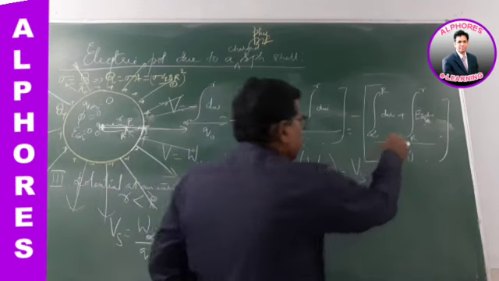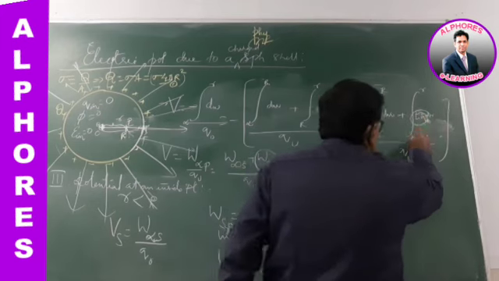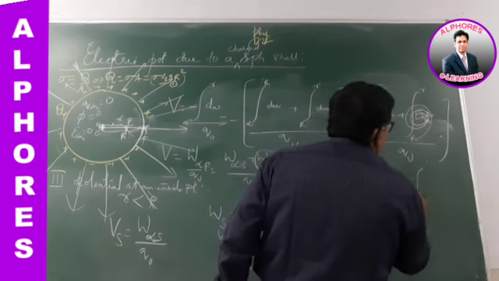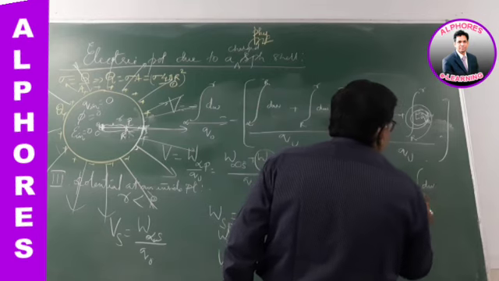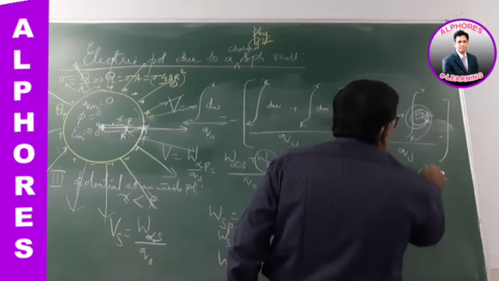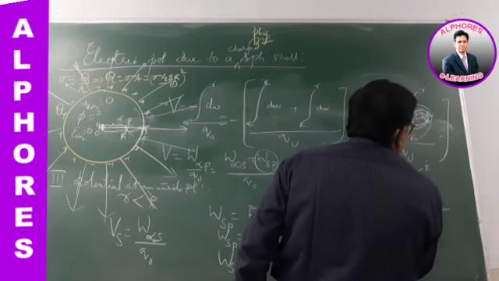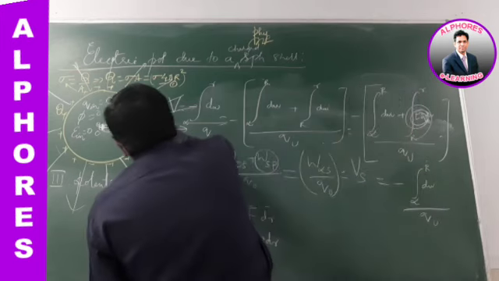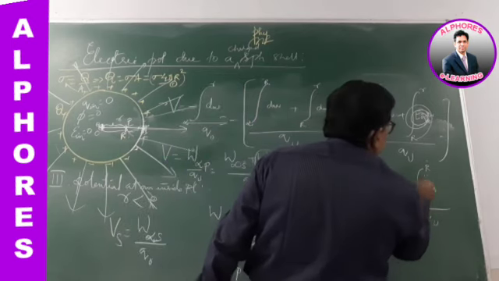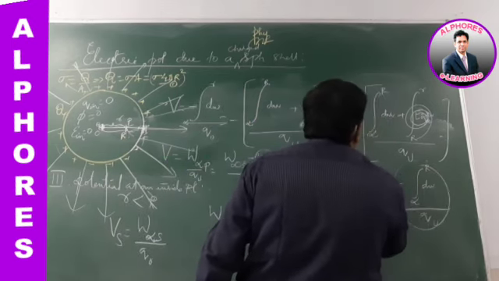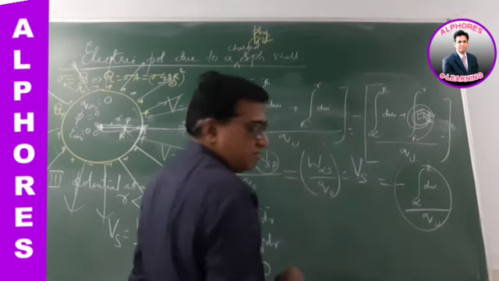So the field inside is 0, and this term becomes 0. So this is equal to simply the total work done in moving from infinity to capital R, the surface, by q naught. So this work done per q naught is nothing but the potential on the surface.